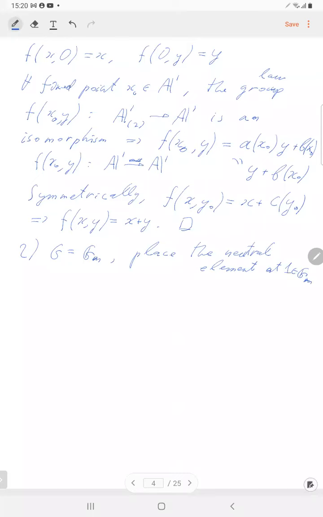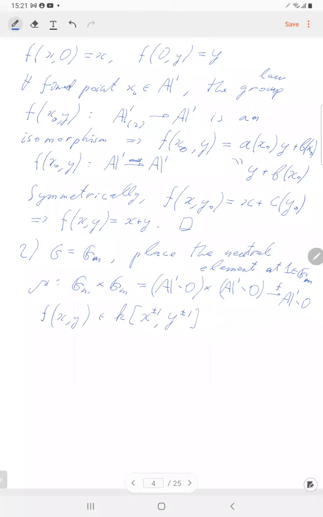And again, we have the multiplication from Gm times Gm, which is just the punctured line, to the punctured line, given by some function f. But now this function f of xy is a Laurent polynomial in x and y, but it never vanishes.